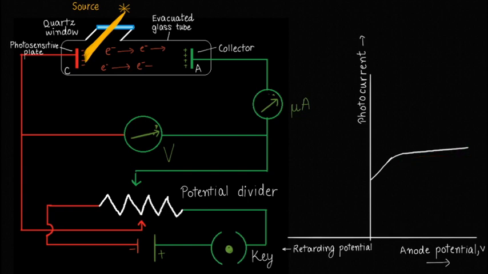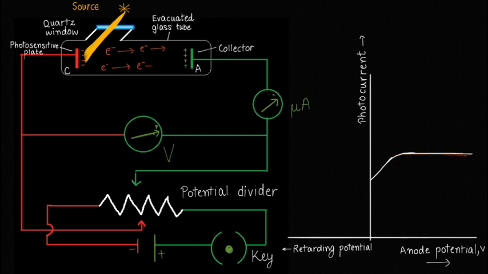If I increase the applied voltage, the current increases, which can be seen from this part, fine. But after this point, let me just make this a straight line, the current becomes constant.